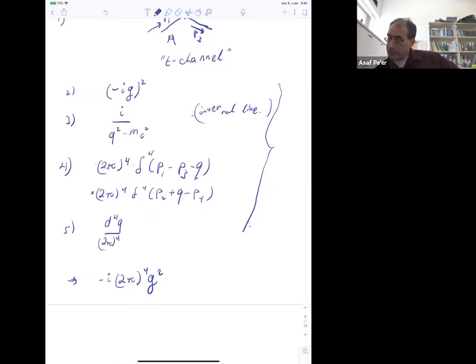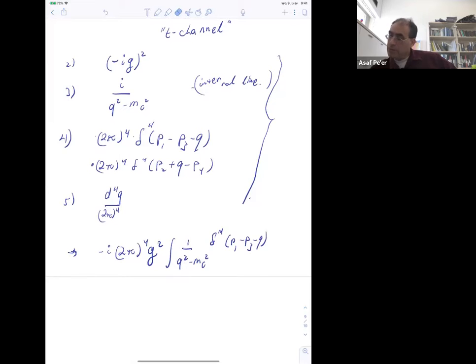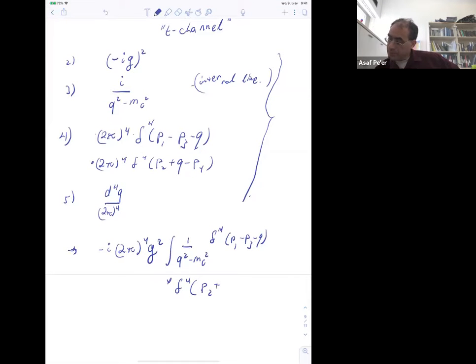Then we get the integration over d4Q of 1 over Q squared minus mc squared times delta to the 4 of P1 minus P3 minus Q times delta to the 4 of P2 plus Q minus P4. Then the integration is over d4Q.